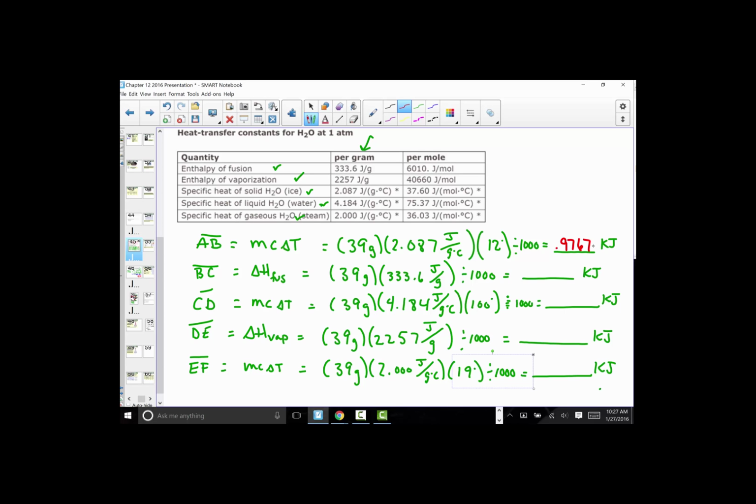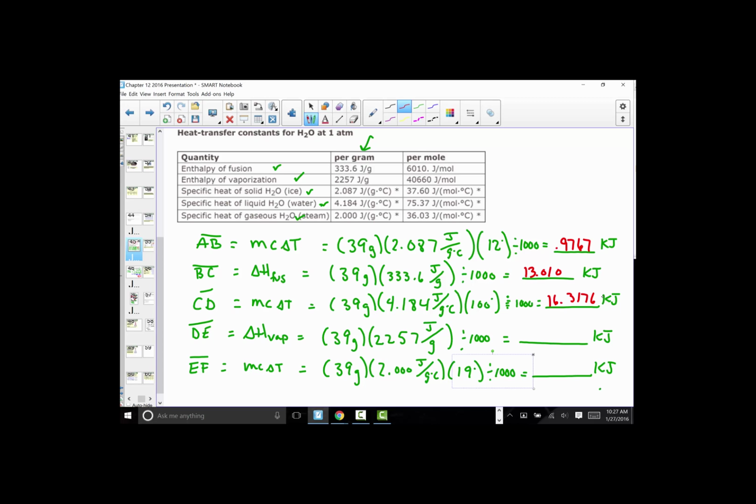Divide by 1,000. 13.010. 39 times 4.184 times 100, divide by 1,000. 16.3176.